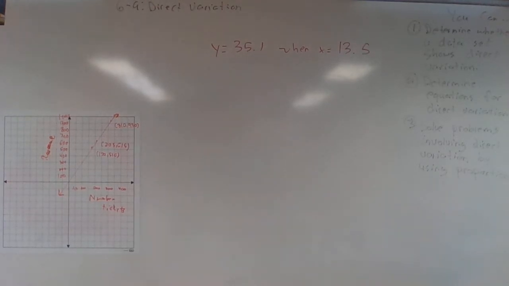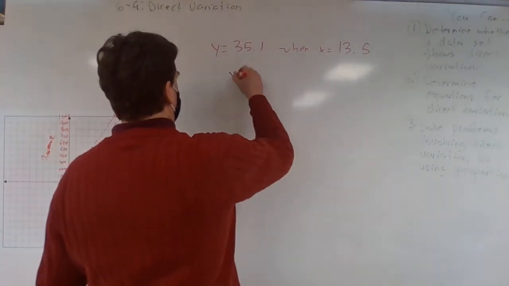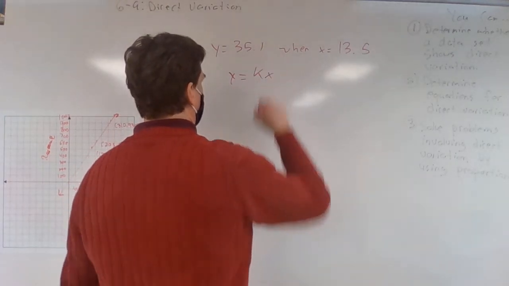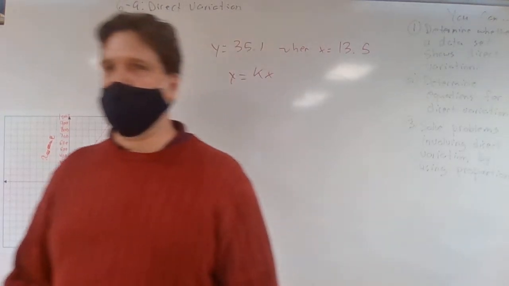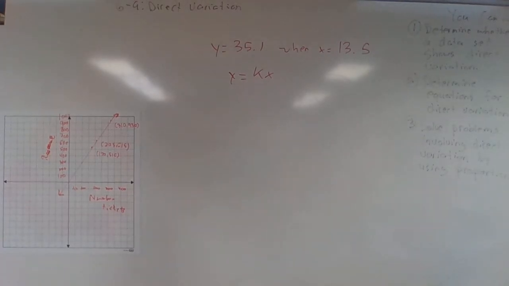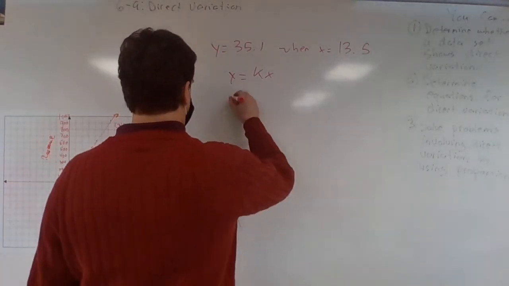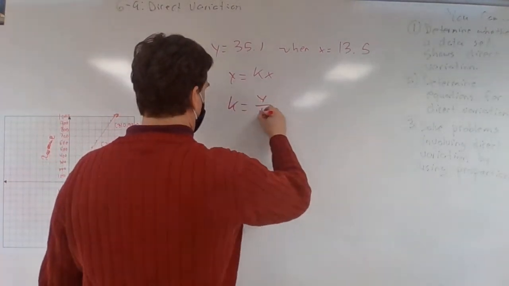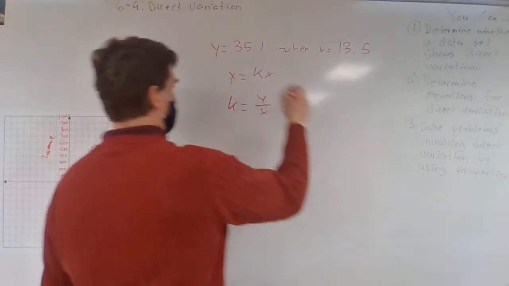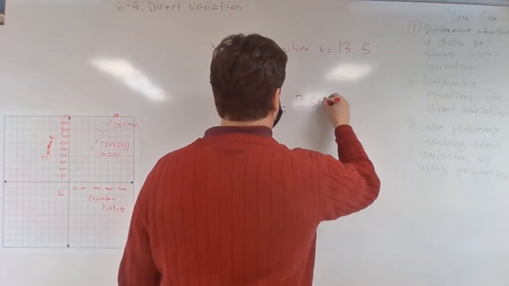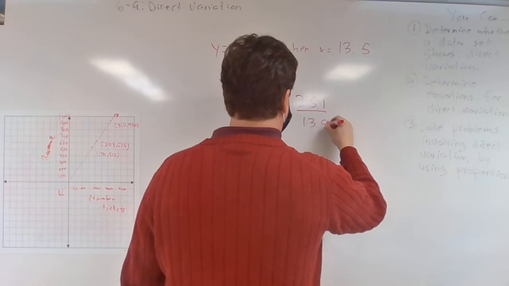Having your calculator will probably help you out here. So again, direct variation, use my formula y equals kx. Gotta solve for k. K equals y over x. My y coordinate 35.1, my x coordinate 13.5.